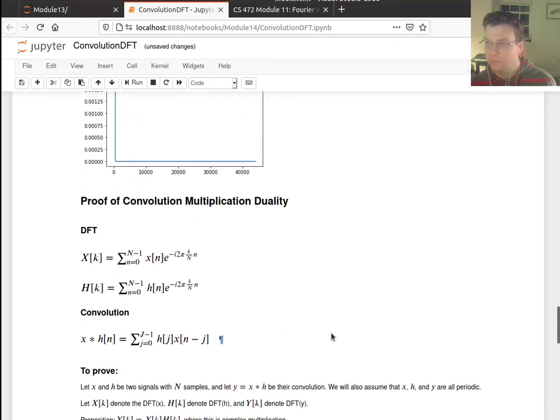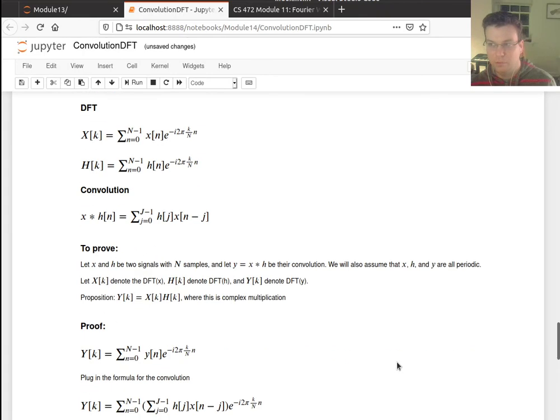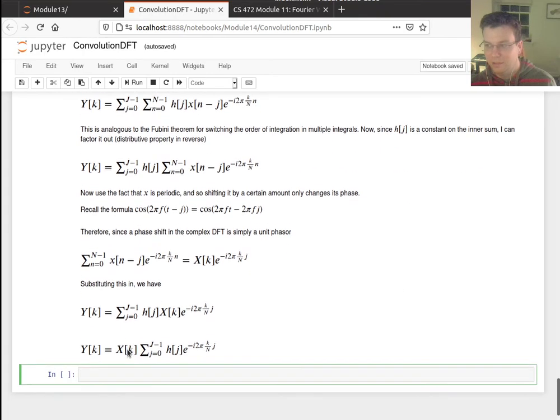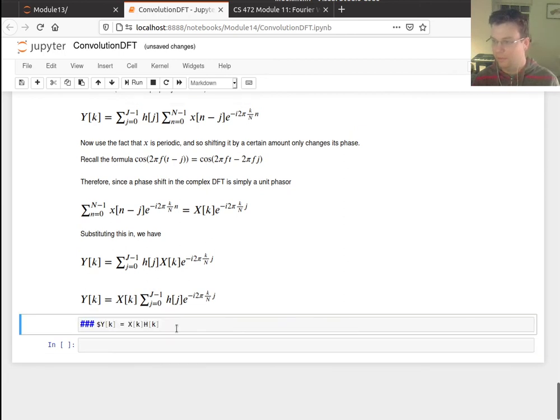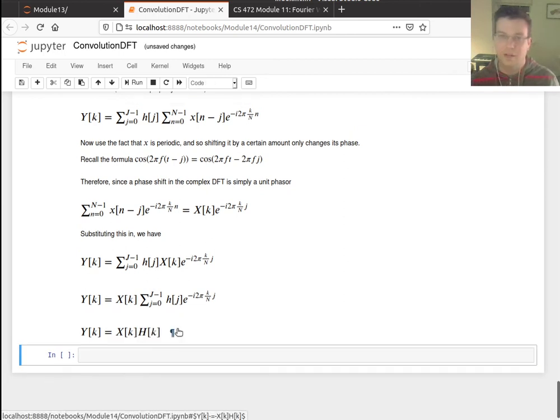I just use a different variable for my inner thing, but that's the Fourier transform of h. So actually I'm done. Ha! Nice. So y of k is equal to x of k, and then this sum just turns into h of k. Boom! There it is. All right, so that's the proof. Pretty cool, huh?